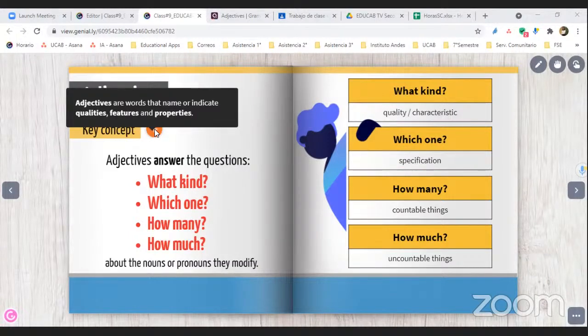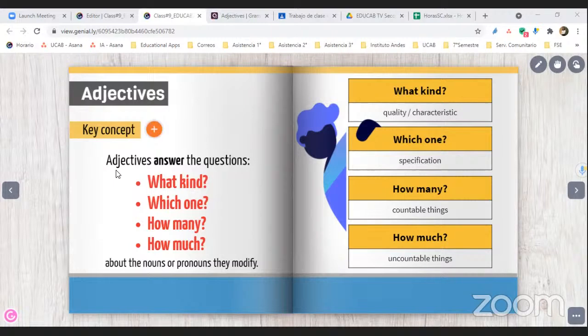So far, we have spoken about pronouns and nouns, but now we're working with adjectives, the ones that describe those pronouns and those nouns, okay? So adjectives answer these questions: what kind, which one, how many, and how much, about the nouns or pronouns they modify.